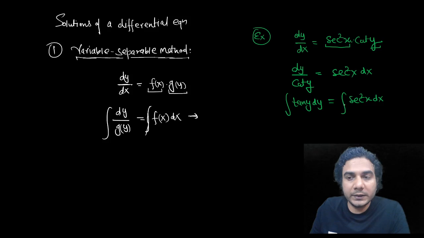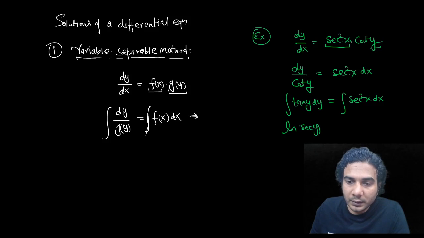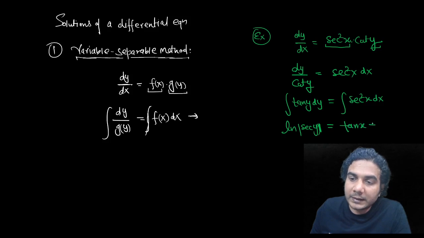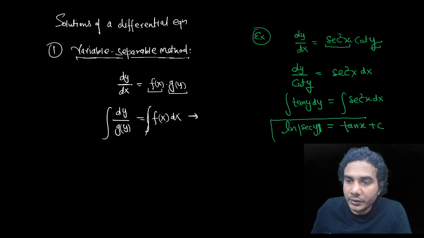So you know the formula, the integral of tan y is ln of sec y, right? And you can put mod whenever you have log. So it's a simple integration, and the integration of sec square x is tan x. So this will be tan x plus an integrating constant. Okay, so this is your final solution of the given differential equation.